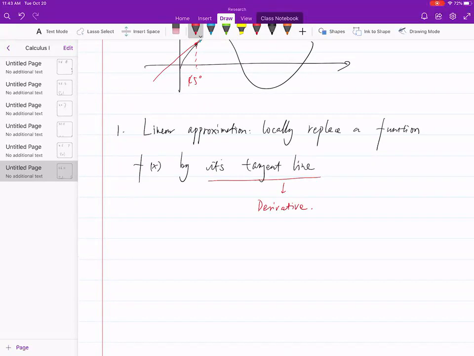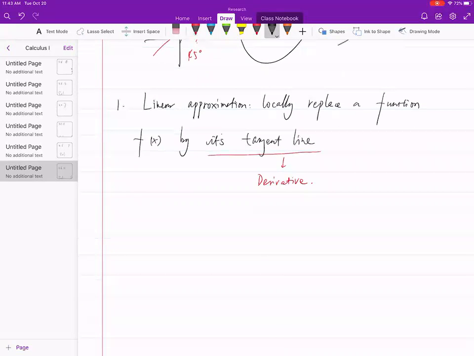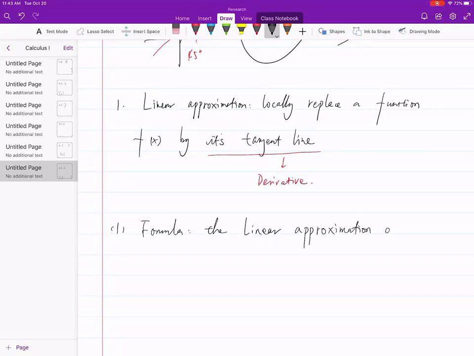Okay. Then what's the formula? Well, the linear approximation of f(x) at a.